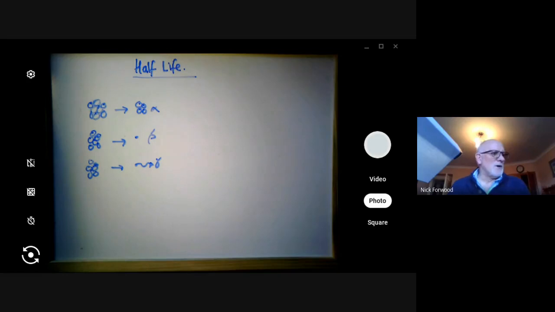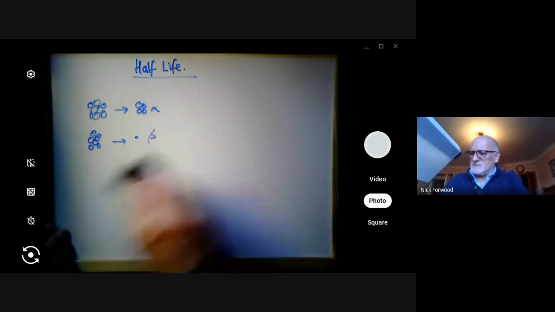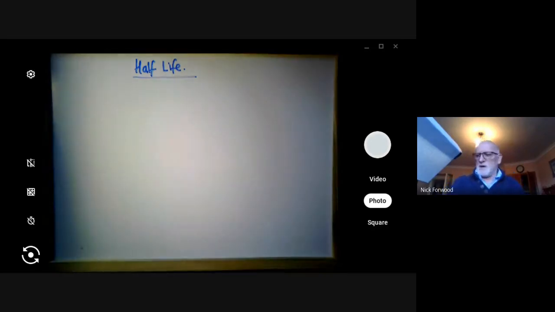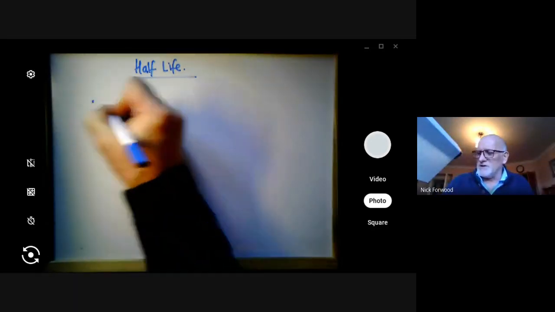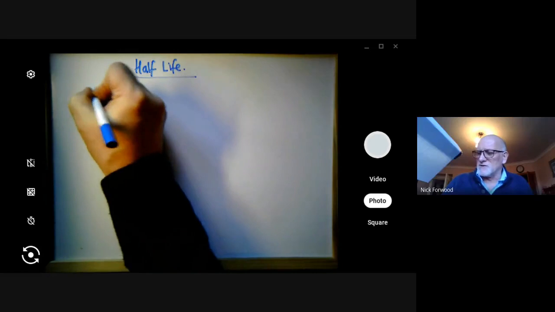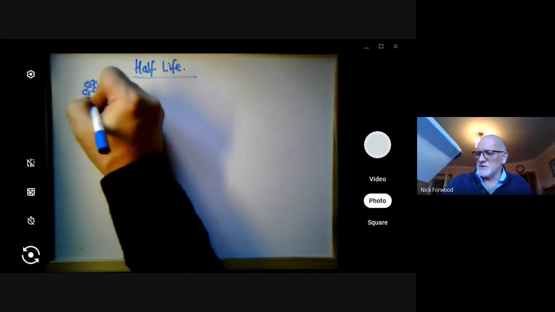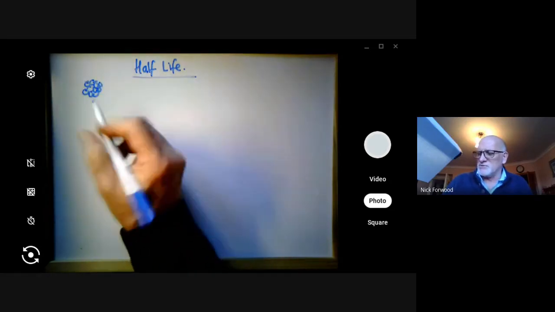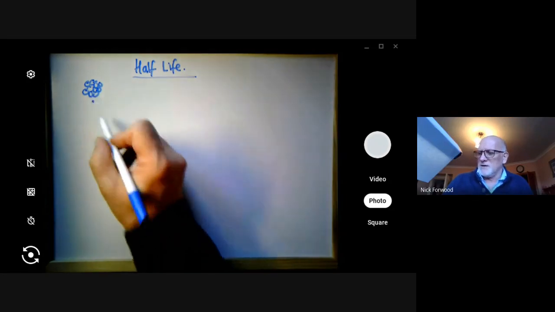So if I've got a large number of particles, and every one of these is lots and lots of protons and neutrons. So here's just one, and it looks like that. And we've zoomed out a little bit.